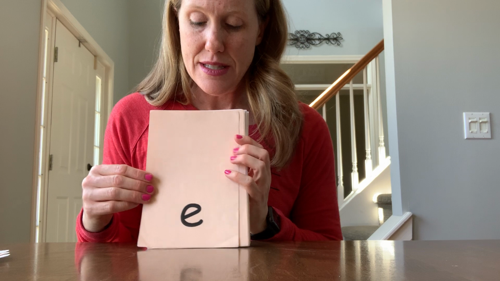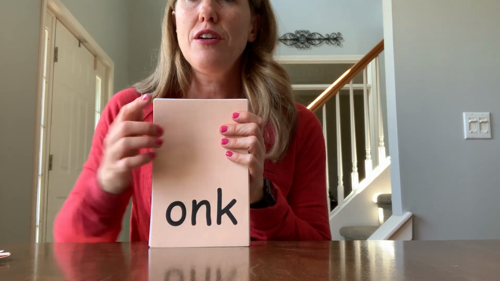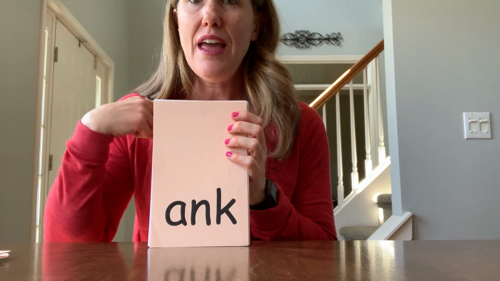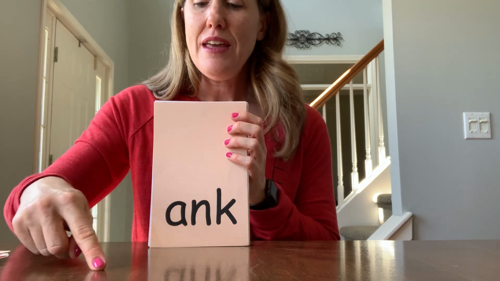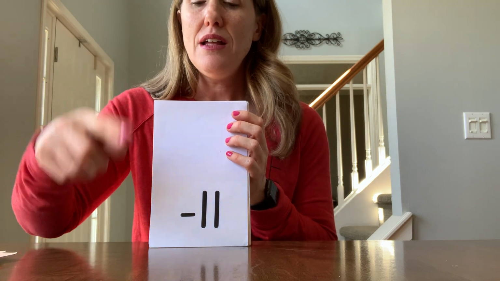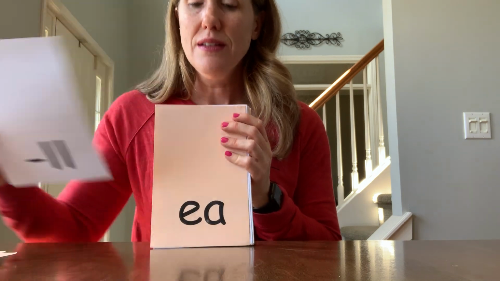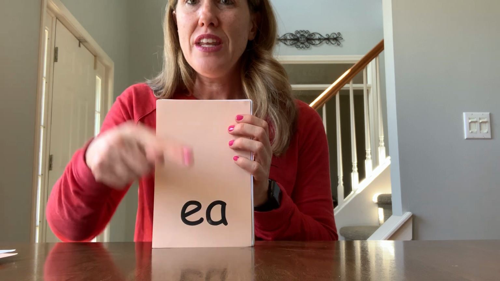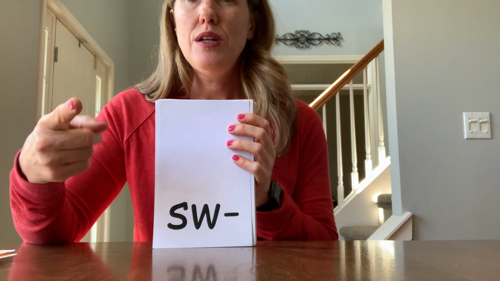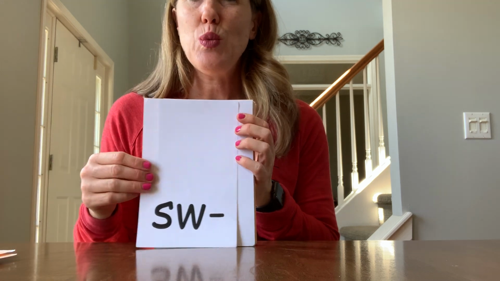ONK says onk. ANK says ank. LL says l. EA says e. SW says sw.